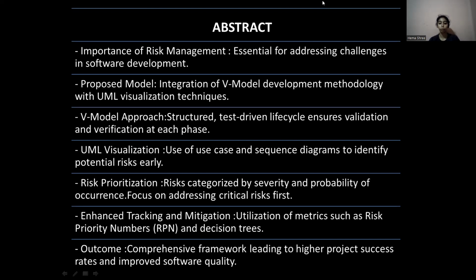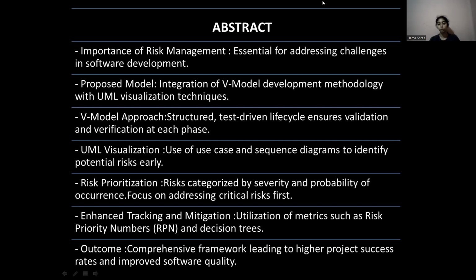The risk assessment V model in combination with UML utilization techniques provides a structured and comprehensive framework for identifying, prioritizing, and mitigating software development risk. By integrating risk management throughout the software development life cycle, from requirement gathering to test final, the model ensures the potential risks are addressed, minimizing the likelihood of delay, cost overrun, and failures.